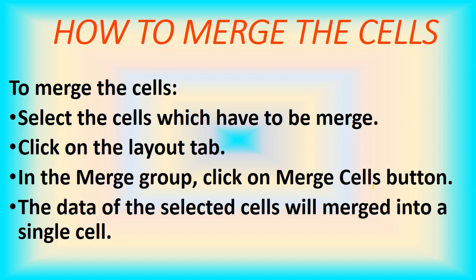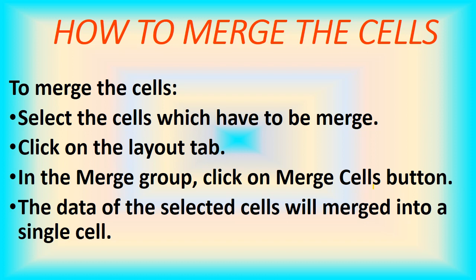Then we will go to the merge group, and in the merge group we will click on the merge cells button. Then the data of the selected cells will be merged into a single cell.